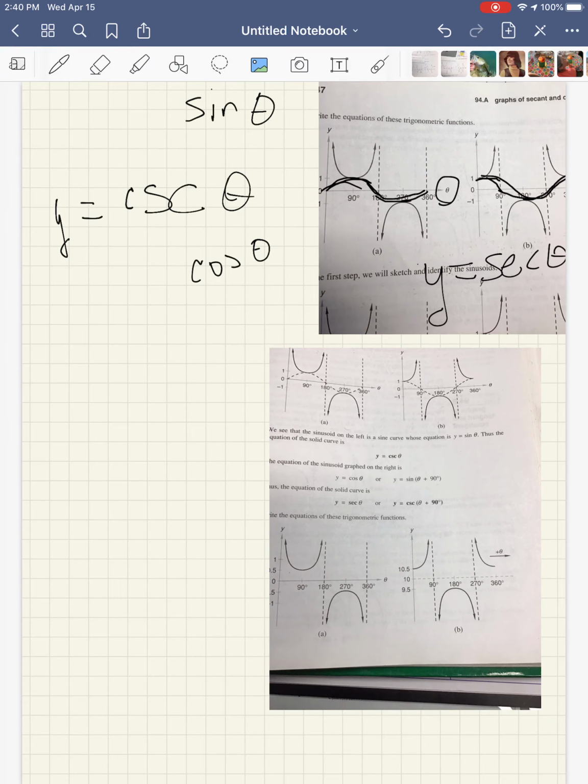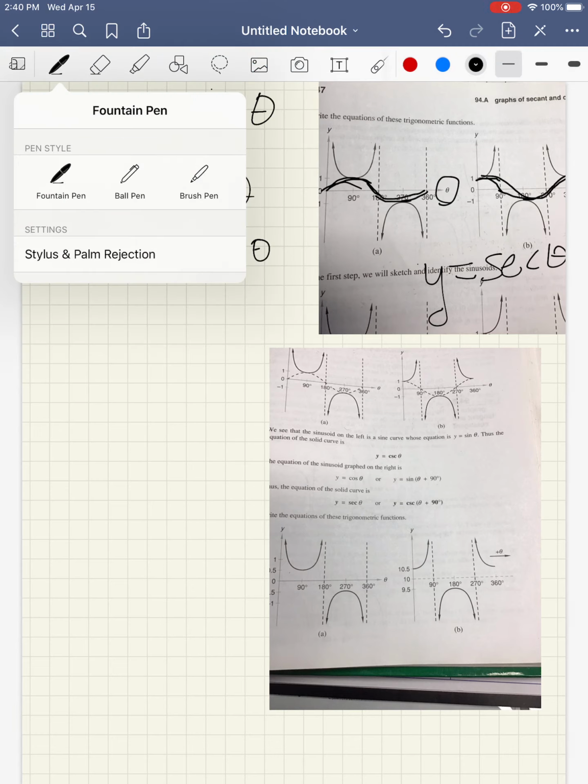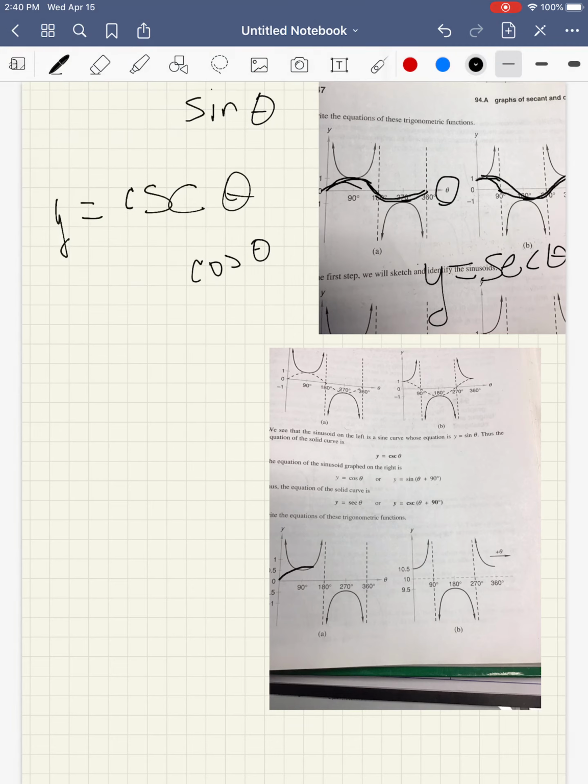Now, if we go ahead and sketch those graphs that I told you, where we start at 0, come up, go down, and then back up there. So that is the graph of sine, isn't it? All right. So the reciprocal of sine would be cosecant.